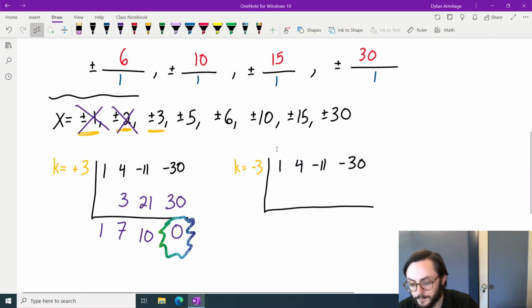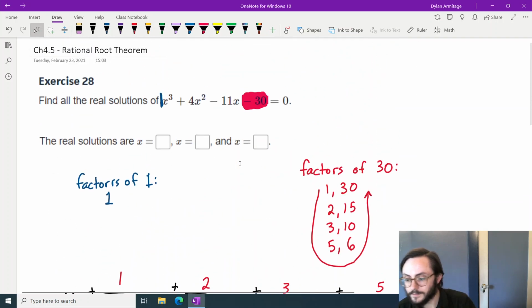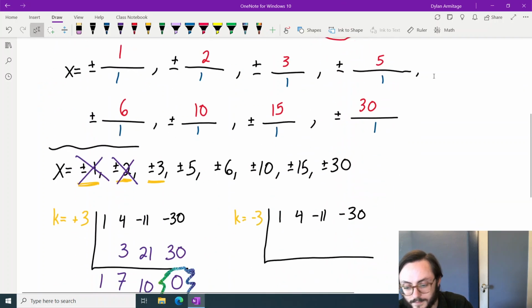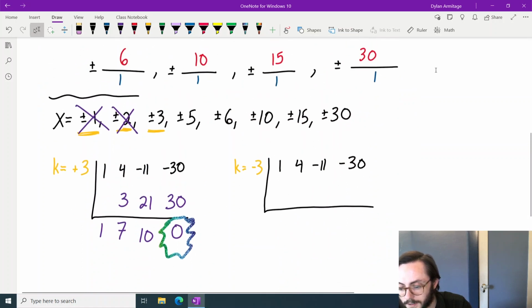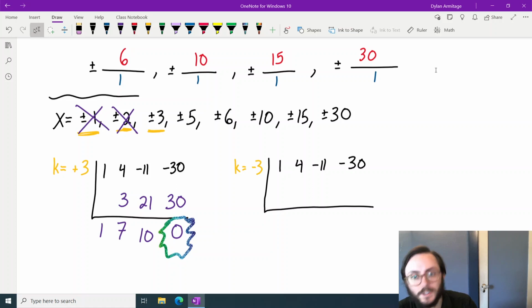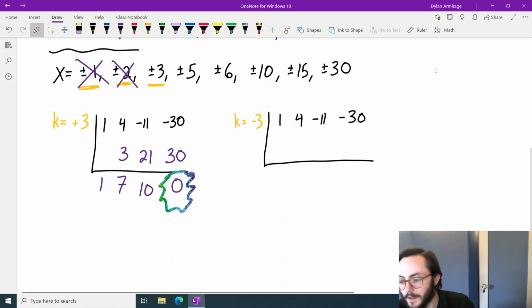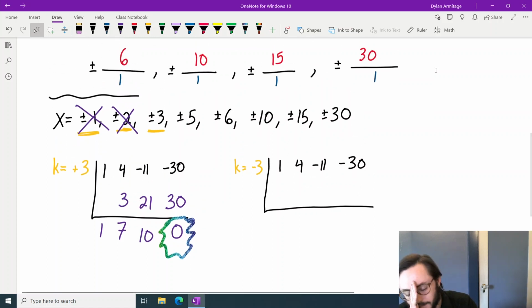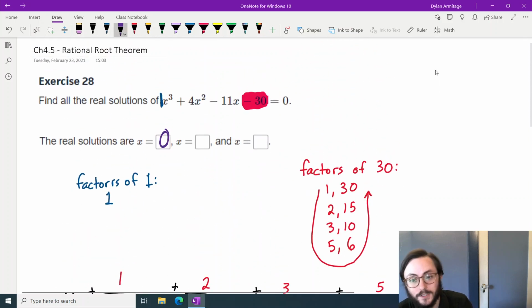Okay? So we can go back up here and say, real solutions are 0. There we go. There's one of them. We could try the other ones and see, but they should be in there. Okay, so let's go, or sorry, no. I got excited. The real solution's not 0.